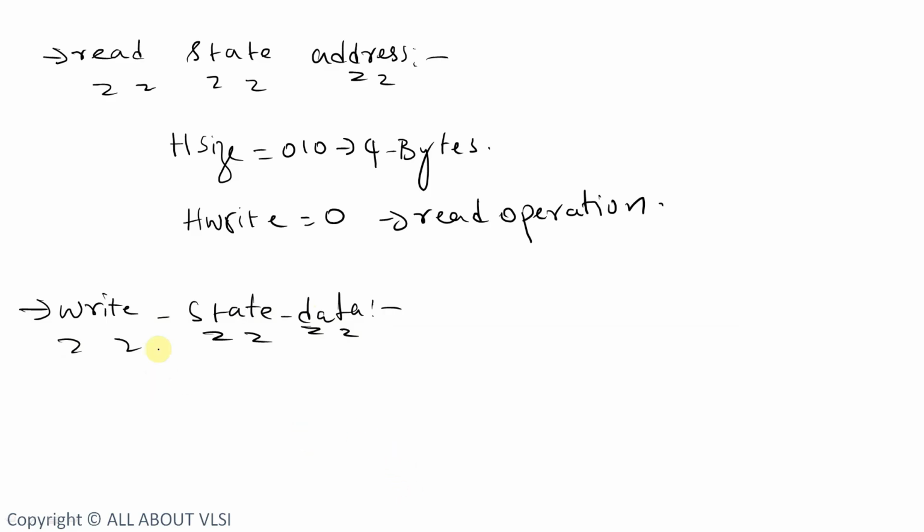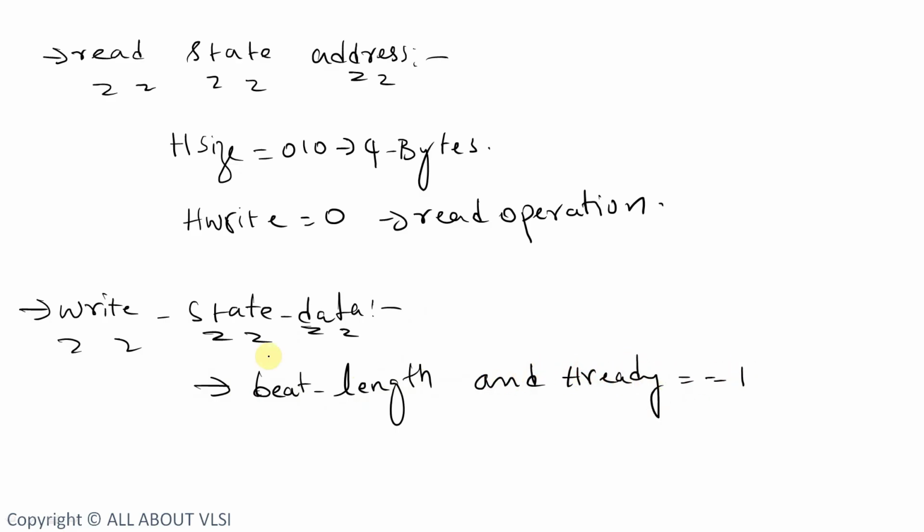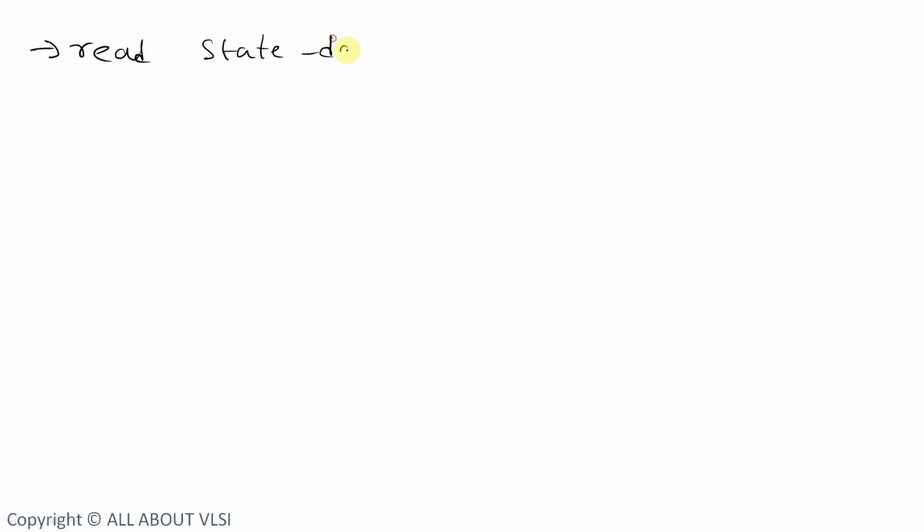So in the write state data, basically I'm going to check for the beat length, what the user is asking for, and I'm also going to check whether my HRD is equal to 1 or not. If these two conditions are met, then only I'm going to perform the write operation.